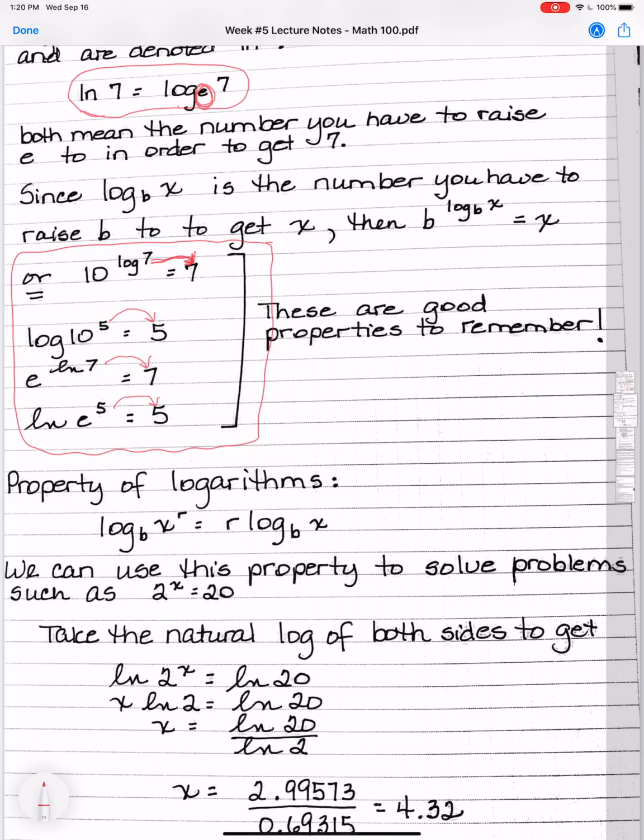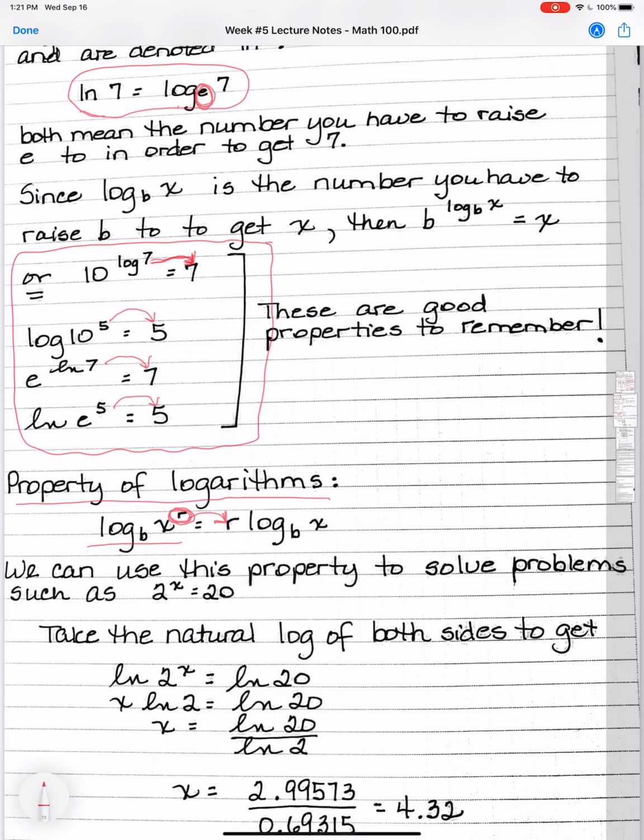Now, a moment ago I gave you that transformation formula of converting a log to an exponential formula. But now I want to give you a couple of properties of logarithms. So if you have a log raised to a power, you can actually bring that power down front as a multiplier.